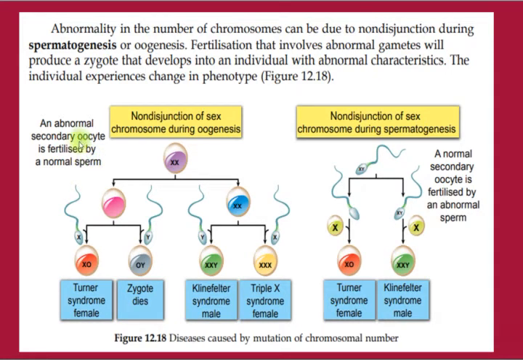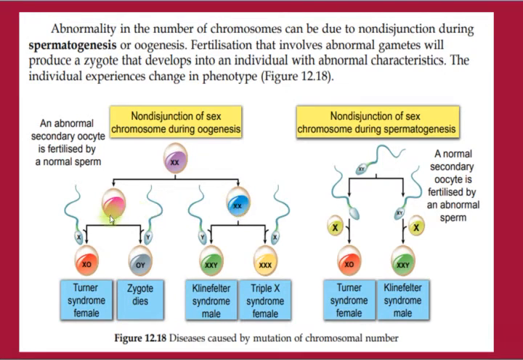We can see here a secondary oocyte with no chromosome, so with no sex chromosome. Here is a secondary oocyte that has an extra sex chromosome, with two X chromosomes.